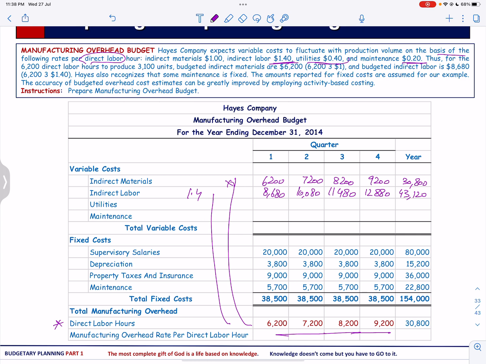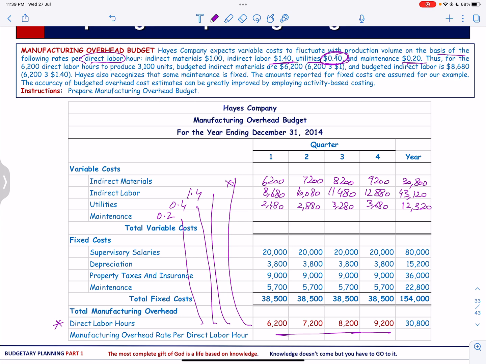Next, the maintenance cost is 0.2. We have utilities as 0.4 over here. So once again, we will multiply the direct labor hours by 0.4. So that will give us 2,480, 2,880, 3,280, 3,680, 12,320. And then we have the maintenance of 0.2. So we multiply this by 0.2.